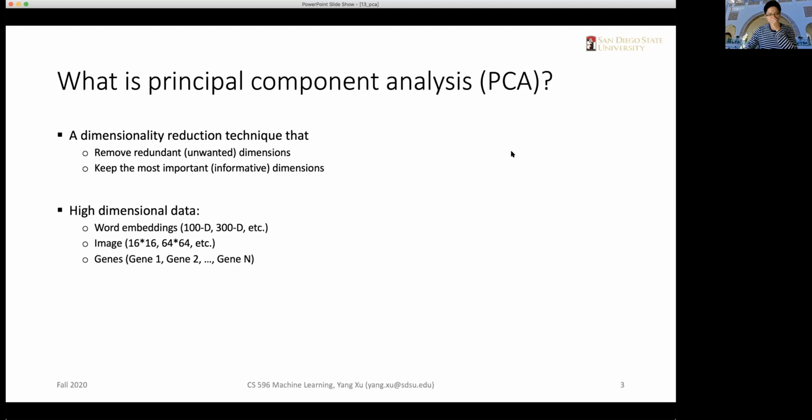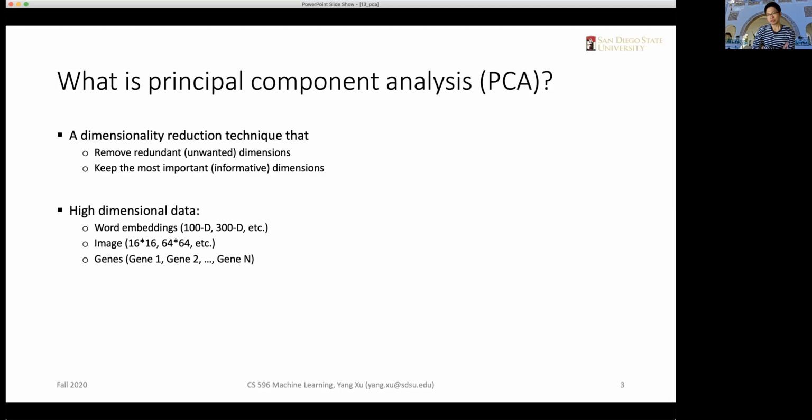So, for example, such a dimension reduction technique can be applied to the word embeddings we just covered in a previous lecture. The word embeddings are very high dimensional data sets. There will be at least 100 dimensions, and all these dimensions don't have explicit meanings.